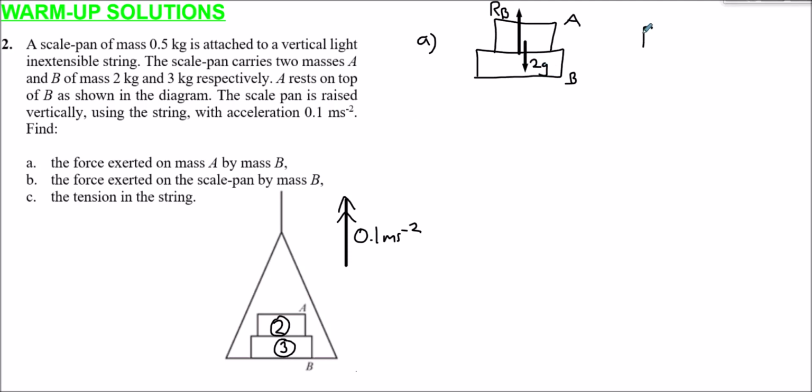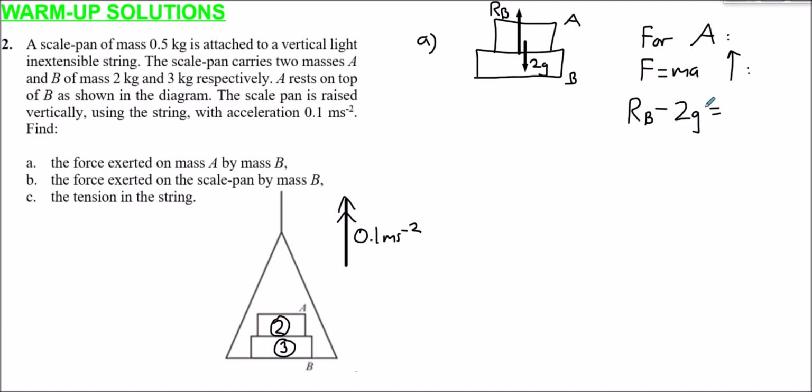So for particle A, if we apply F equals ma in this direction, then the resultant force going up is Rb, which acts up, minus 2g, which is acting downwards. That's the resultant force going up.